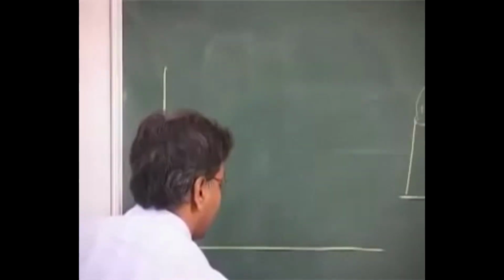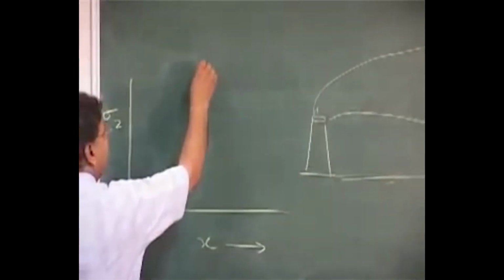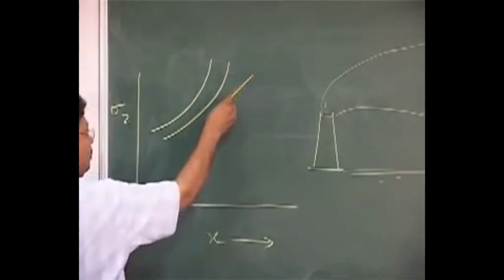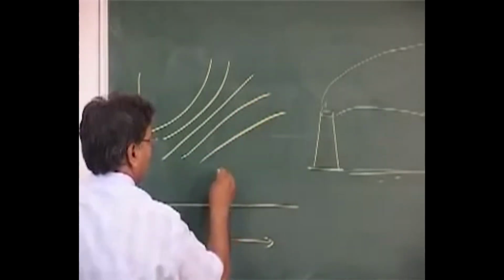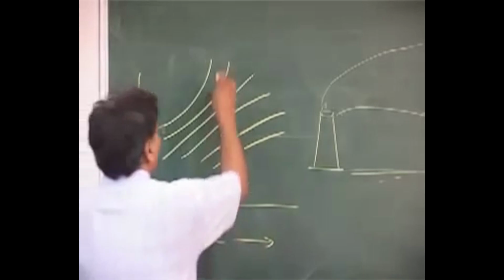This is your X, this is sigma Z, and the graph, if you recall, was something like this. Very poorly drawn, but you can remember what the graphs were.